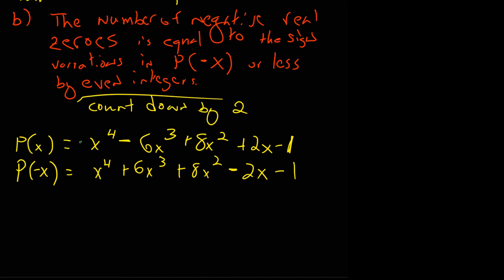So if I were to drop a negative x into here, a negative to the 4th power is positive. If I were to drop a negative into here, a negative to the 3rd power is negative, and negative times a negative is positive. If I drop a negative into here, negative is positive, a positive times a positive stays positive. If I drop a negative into here, it's negative, and negative times a positive is negative.